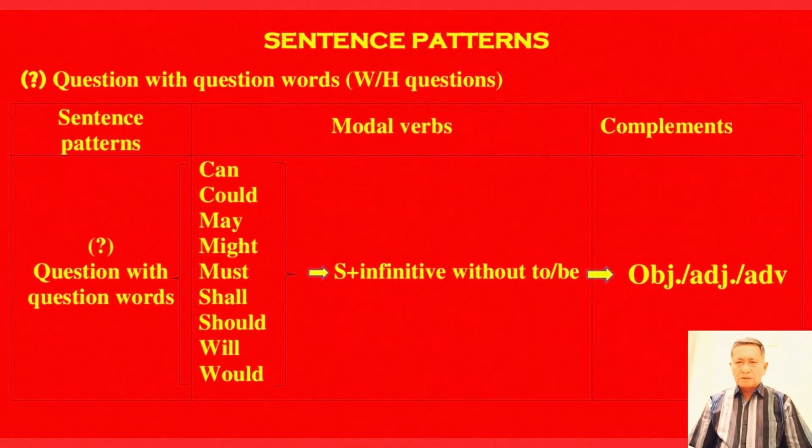Question words plus modals can, could, may, might, must, shall, should, will, or would, plus subject, plus infinitive without to or be, plus complement, object, adjective, or adverb. After you understand modal verbs in English and how to use them, now let's see the examples below and pay attention how it can be.